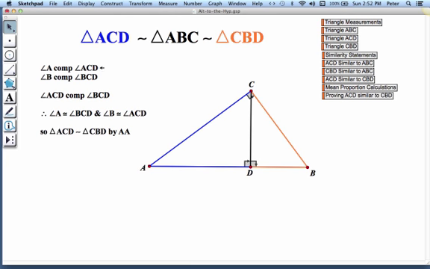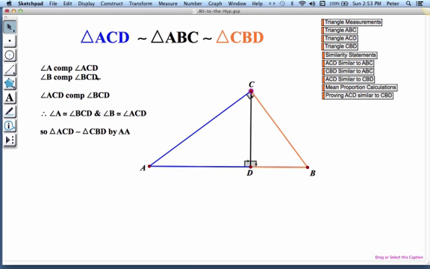So A is complementary to ACD, B is complementary to BCD, and by virtue of the fact that angle ACD and BCD make up this right angle at C, we know that ACD and BCD are also complementary.